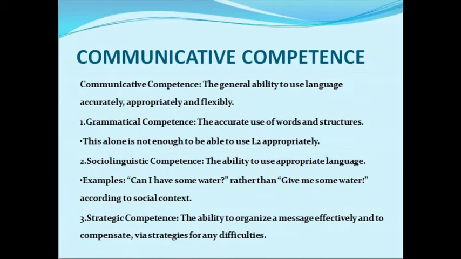In this lecture, we can mention three types of competence, which are as follows: grammatical competence, sociolinguistic competence, and strategic competence. Regarding grammatical competence, it is concerned with the accurate use of words and structures. This alone is not enough to be able to use the second language.